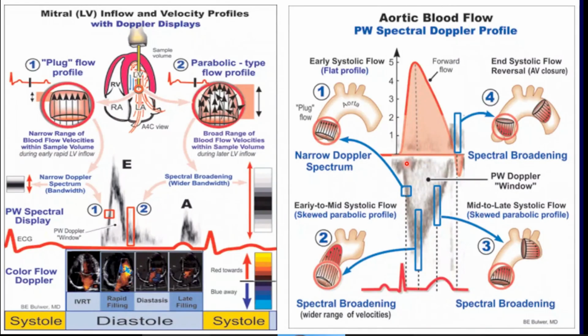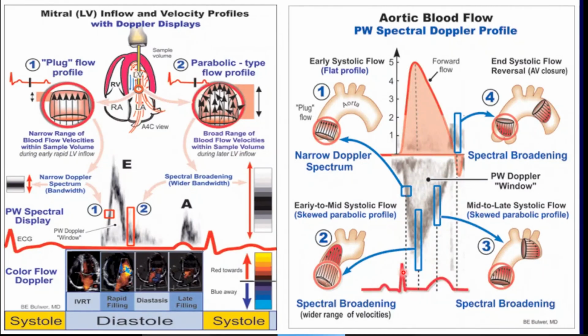You are looking at the aortic blood flow using pulse wave Doppler, and because the aortic blood flow is occurring away from the transducer, whereas here it was occurring toward the transducer, getting a positive wave, here we are looking at the blood flow away from the transducer, so this will become negative. And during systole, this is the representative ECG.